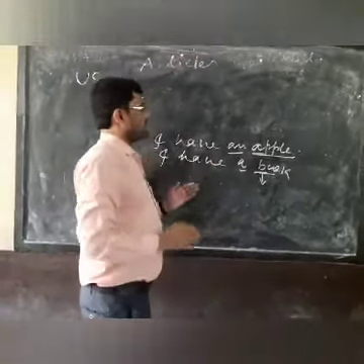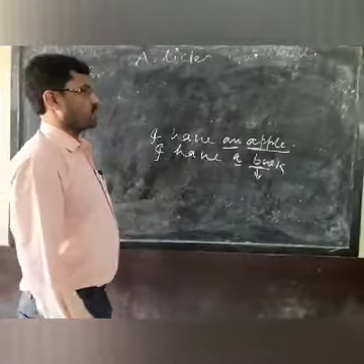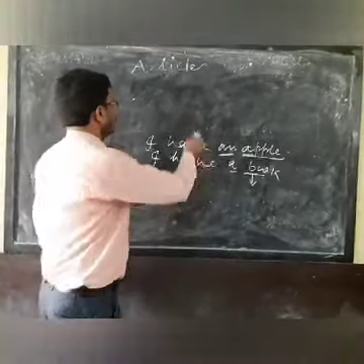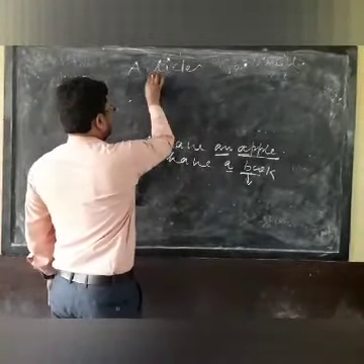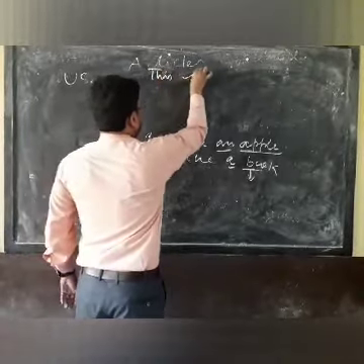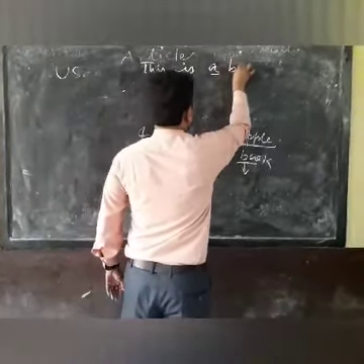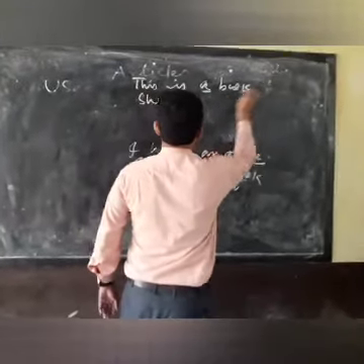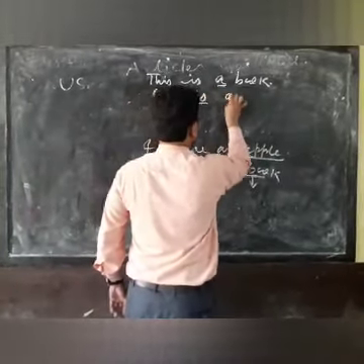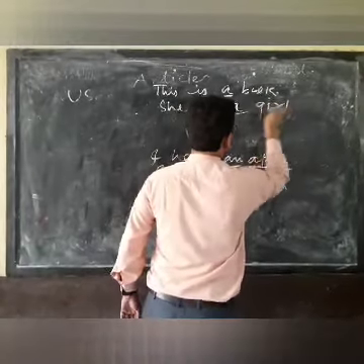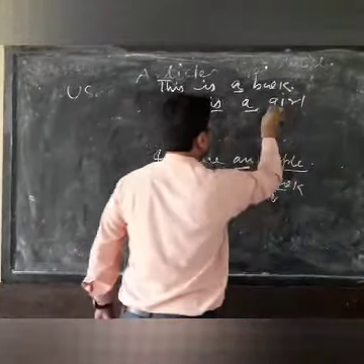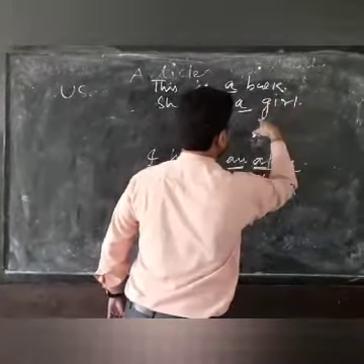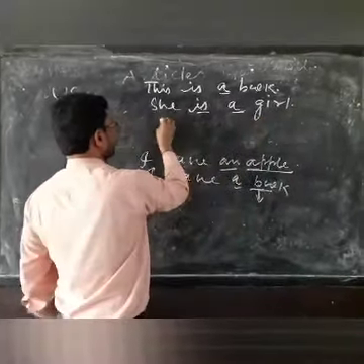Now try to understand one more difference that I would like to share with you all. This is a book, consonant sound. She is a girl, consonant sound.